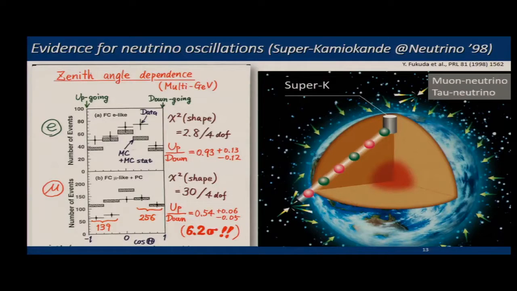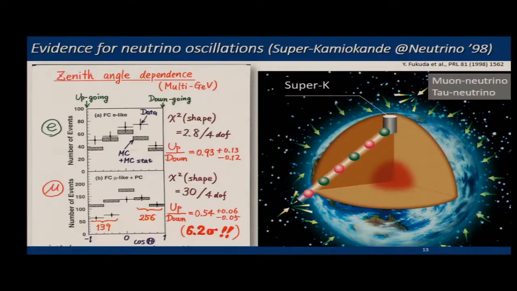Therefore, there is a huge deficit of muon neutrinos coming from the other side of the Earth. So this was the evidence for neutrino oscillations. And this data told us that neutrinos have mass.